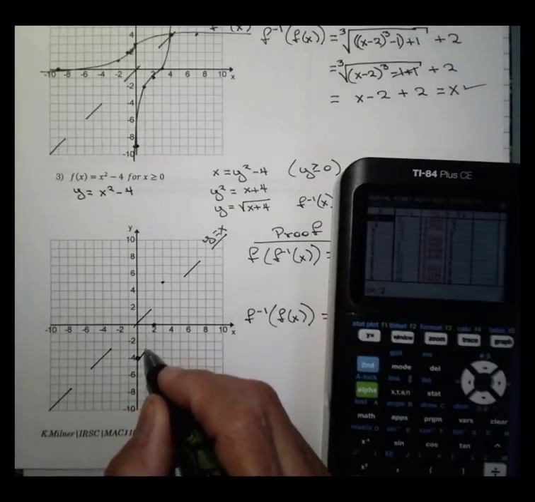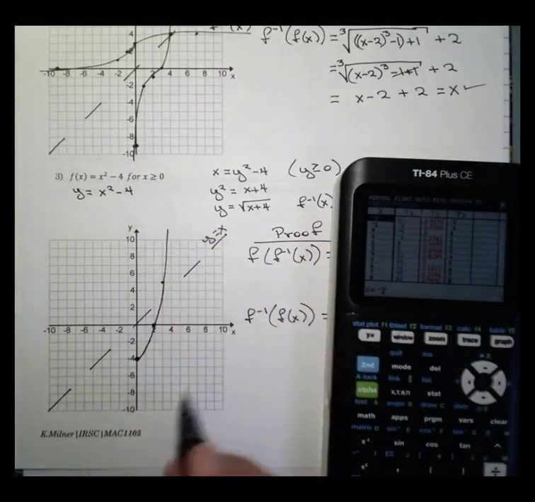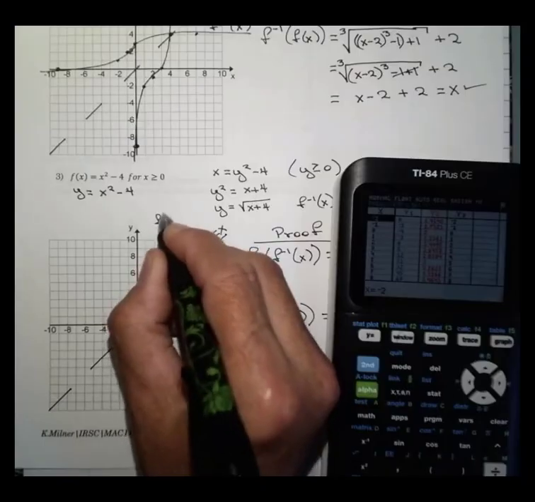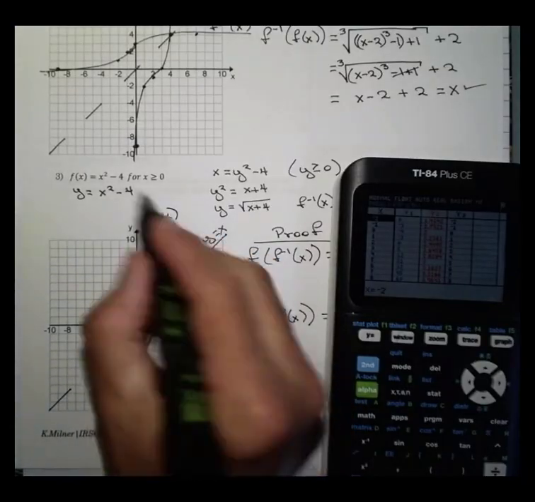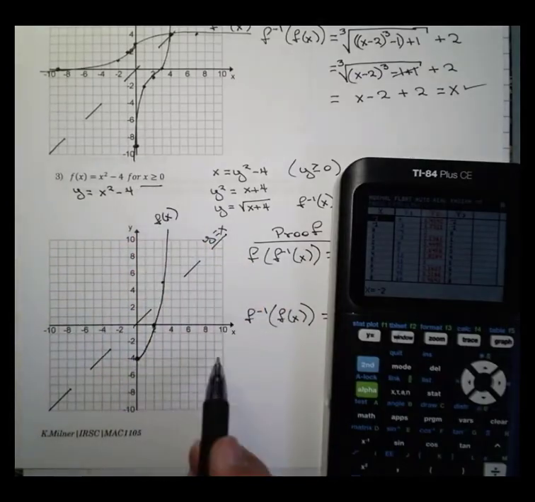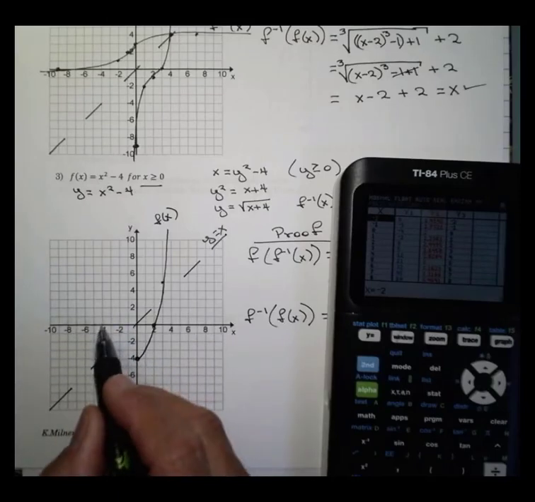I can color it in, and I know I'm going to draw half of a parabola. So I know it looks like this. This is the f of x function, the half that I'm allowed to use, right? Because of this restriction, all x's had to be greater than or equal to 0. So let's see what the other one looks like. Well, if I had 0, -4, I should have -4, 0, right?